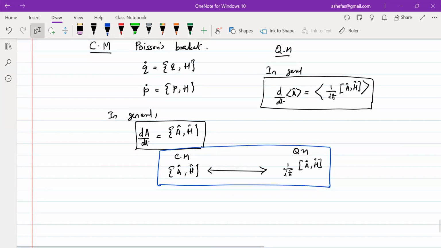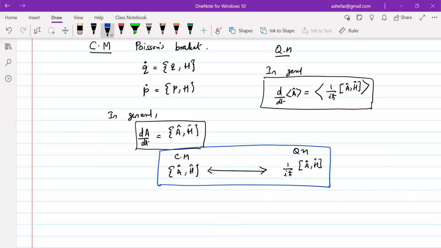So this is the Poisson bracket formalism for classical mechanics, and in quantum mechanics, this is a general expression. Here q and p are generalized coordinates and generalized momenta. One possible choice of generalized coordinate and momentum is position and momentum.